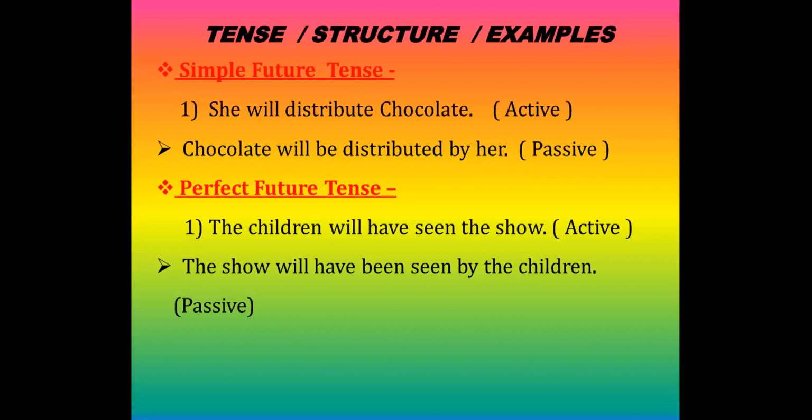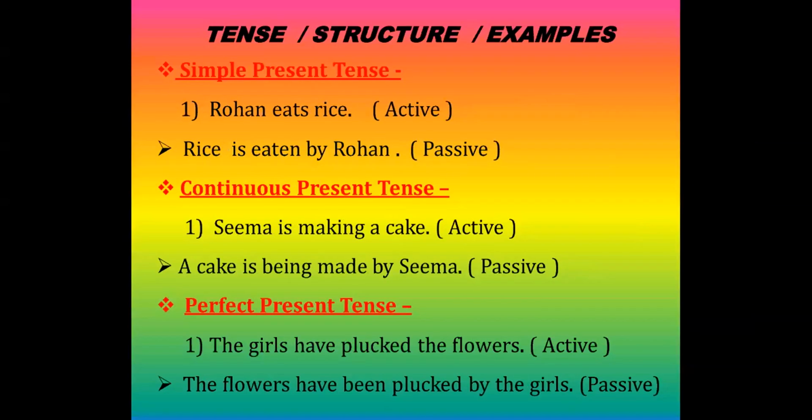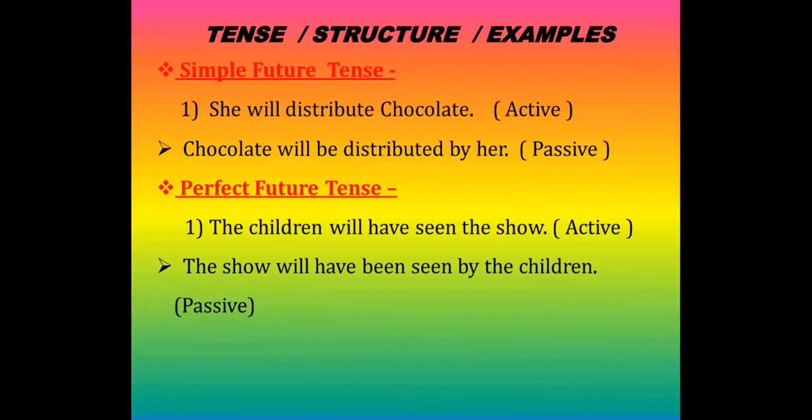So we have seen examples according to tense, structure, and examples: simple present tense, present continuous tense, present perfect tense, then simple past tense, past continuous tense, and past perfect tense, then simple future tense and future perfect tense.